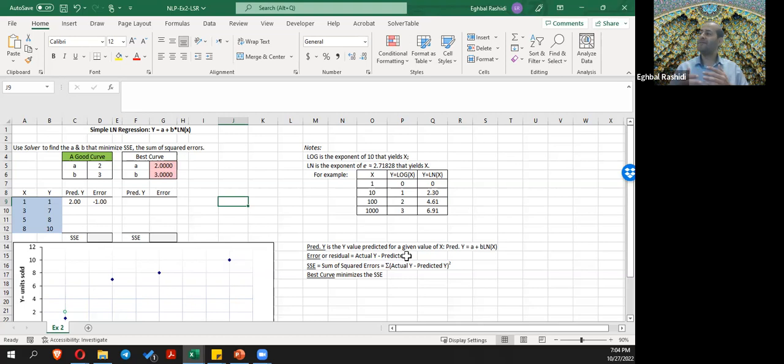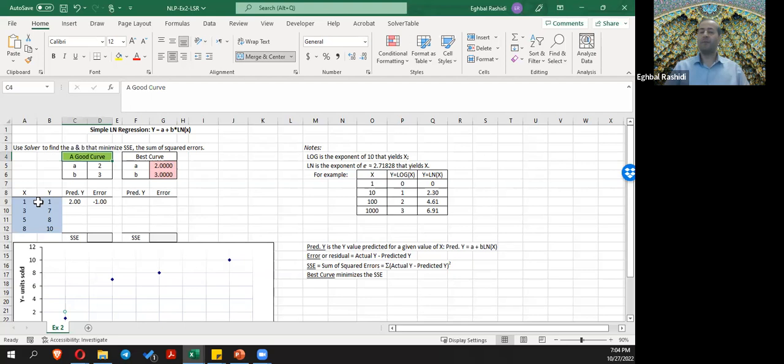We don't know what the function is, but we have its values. And we want to estimate that function. We want to find the best estimation using the least square method, which is to find a function which has the least error, the least squared error.